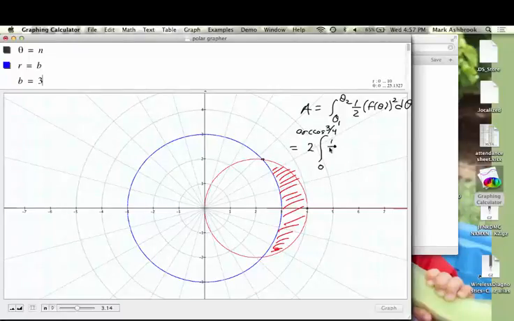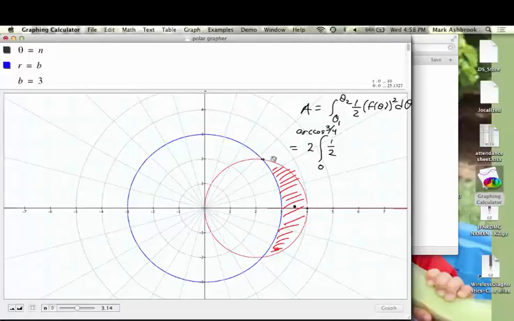Okay, well, what function are we integrating to get the area? 4 cosine theta minus 3? If we did 4 cosine theta, would it be finding the area of this moon? And if not, what area would it be finding? If we just looked at the 4 cosine theta graph and integrated from 0 to arccosine of 3/4, can you see what area you would get?